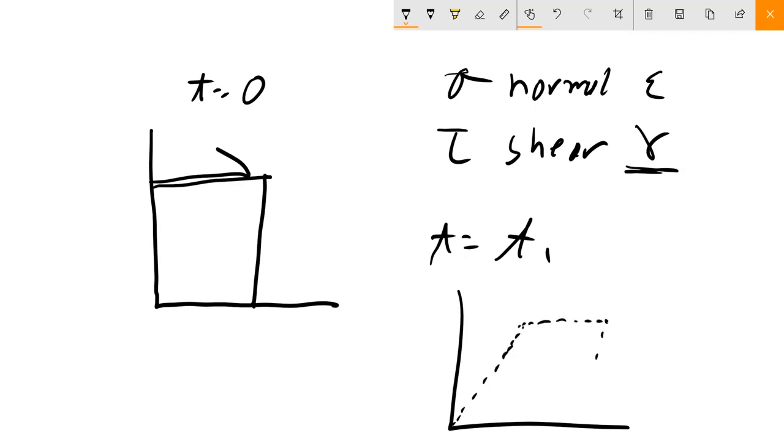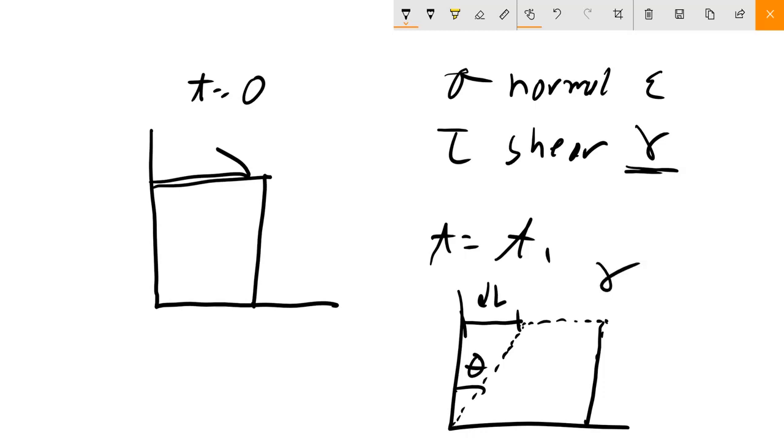It's shifted some amount, and we're going to call this amount dl. Some change in distance, and there's some angle associated with this as well.